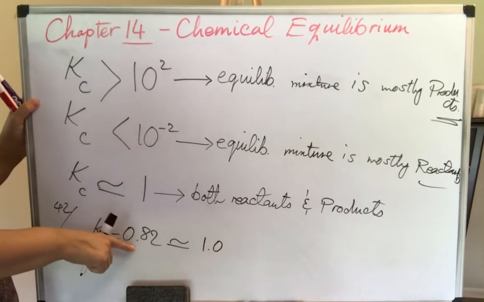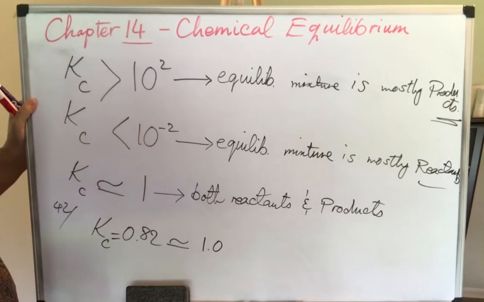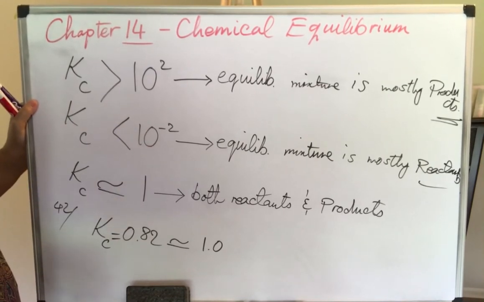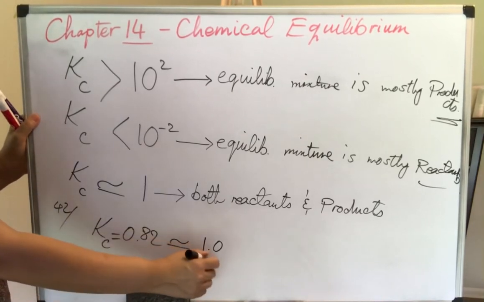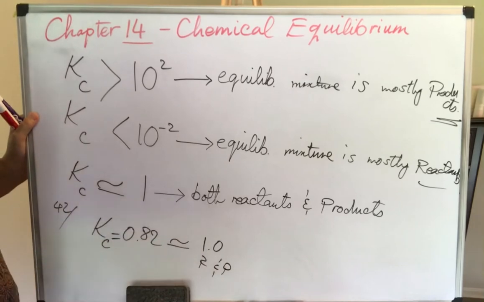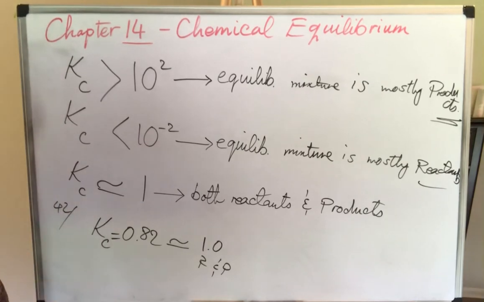It's much smaller than 100, and higher than 0.01. So you will have substantial amounts of both reactants and products. That's how you determine the composition of the equilibrium based on the value for the equilibrium constant.